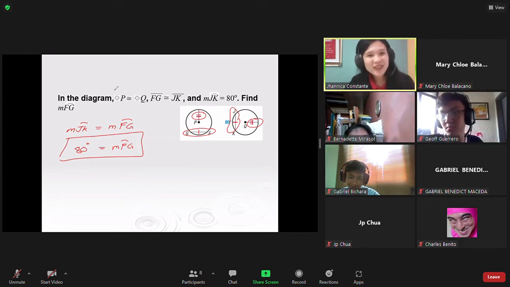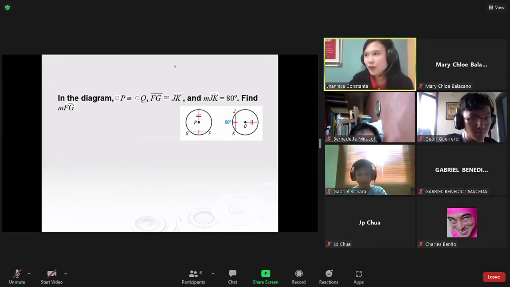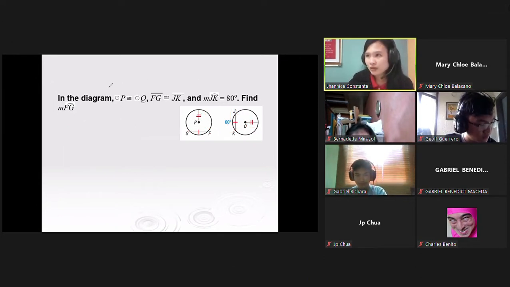Let's have another example based on this theorem. For example, we have these two circles.